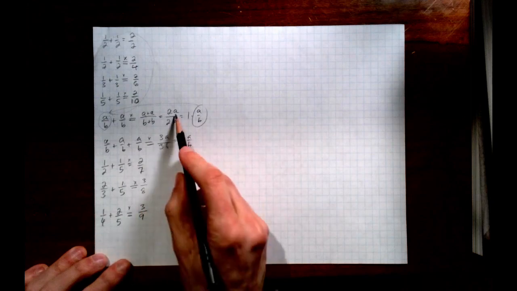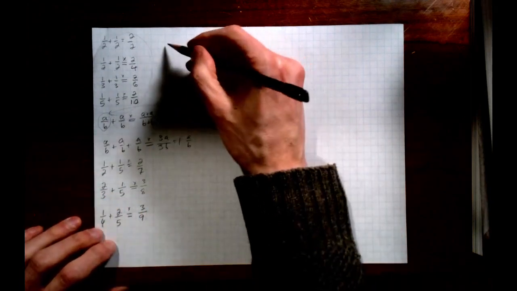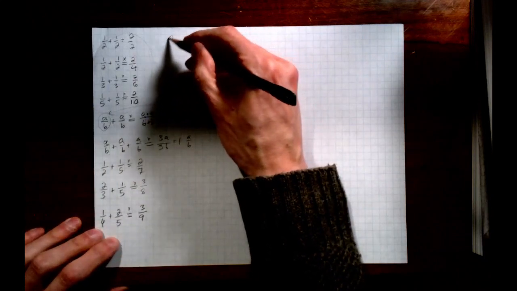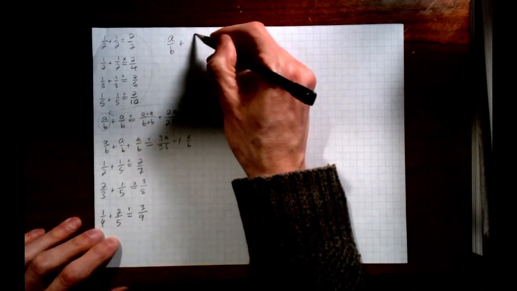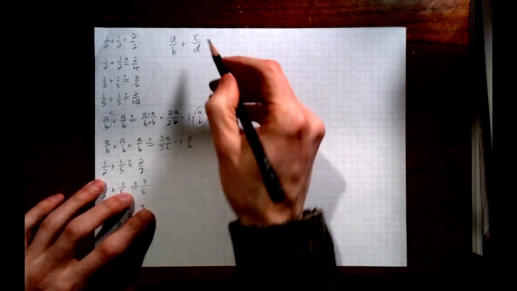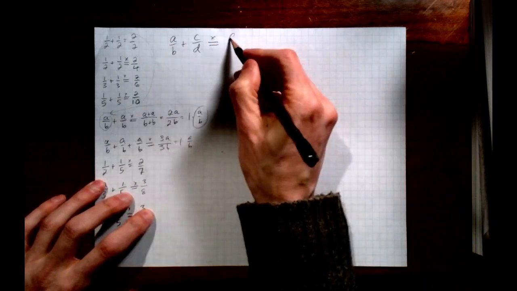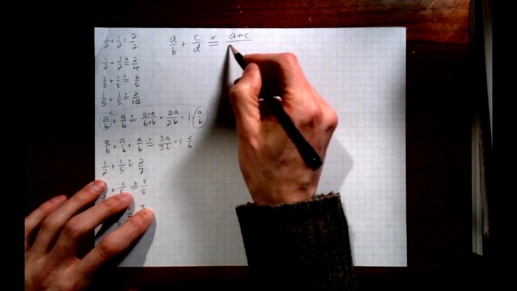So I'm going to do the same thing and try to figure out just abstractly. So let's say I do a over b plus c over d. If I do it the fake way, I'll get a plus c over b plus d.